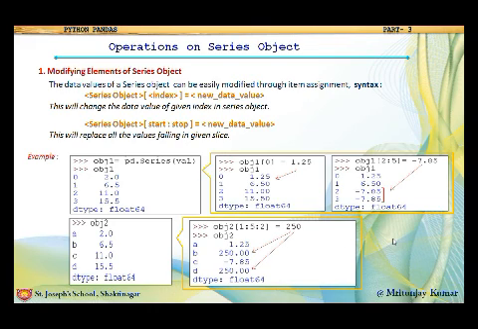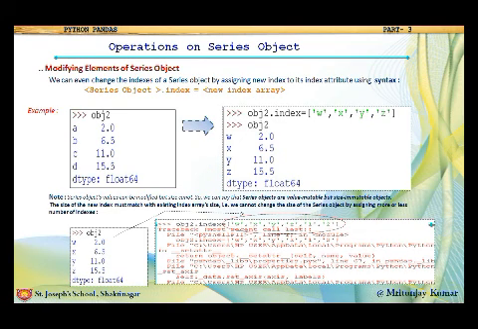Now similarly, we can see one more example. If we want to change the index of a series object, then we can do it by assigning a new index to its index attribute using the following syntax. There is one attribute, the index attribute of the series object. We can write series object dot index equals new index array.